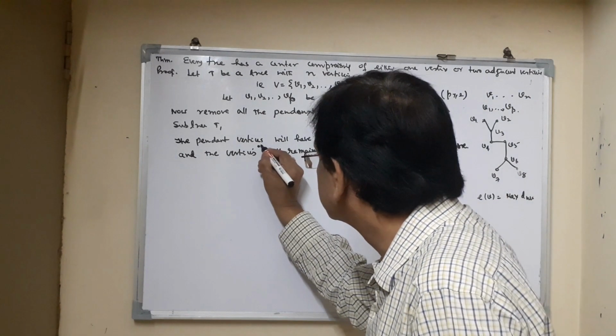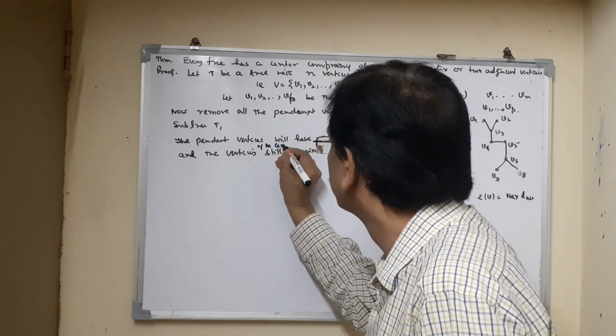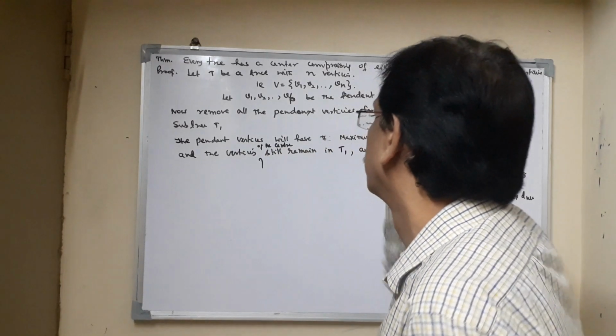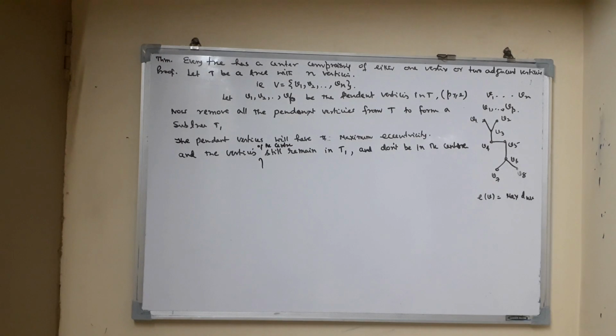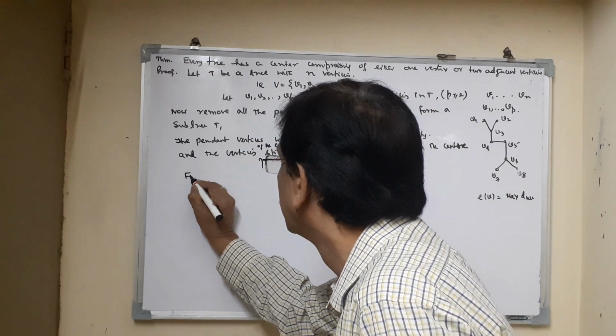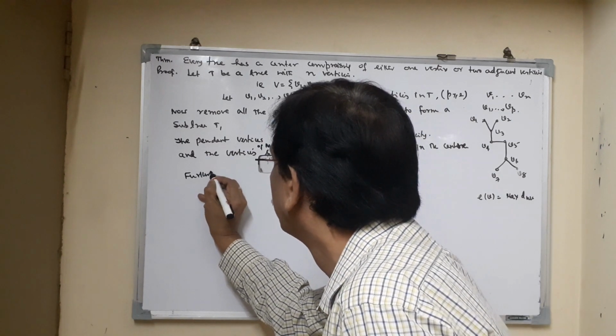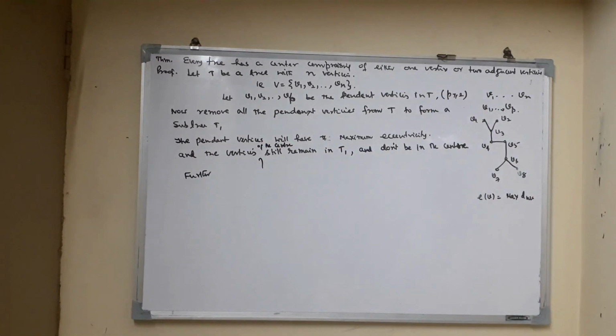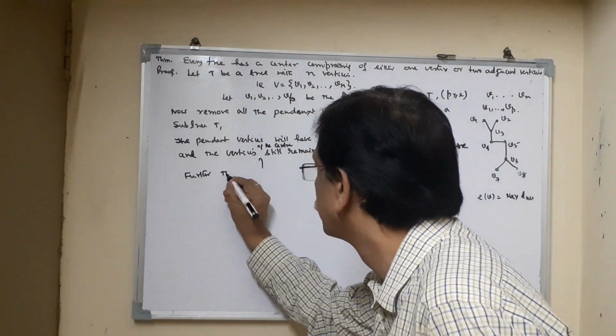The vertices of the center still remain in T1. Further, the eccentricity of each vertex.